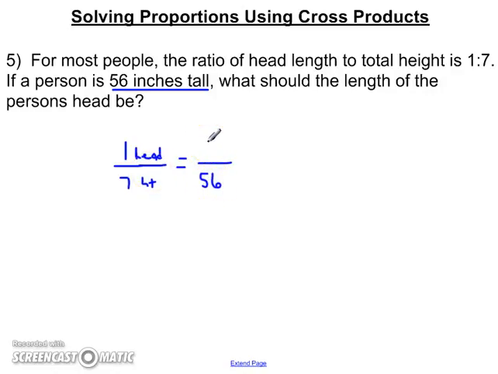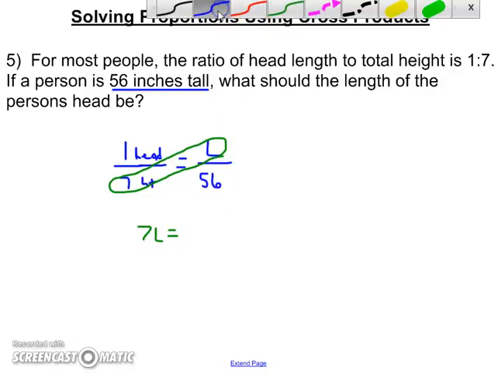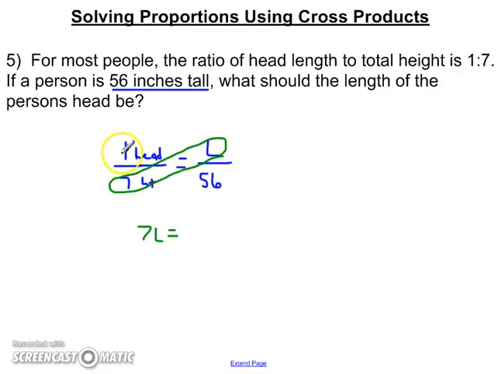How long should the person's head be? I'll use L for the length of their head. Let me change colors here, and I am going to use cross products. So 7 times L is 7L, and L is just our representation of the length of the head. That is equal to 1 times 56, my other cross product, which is 56.